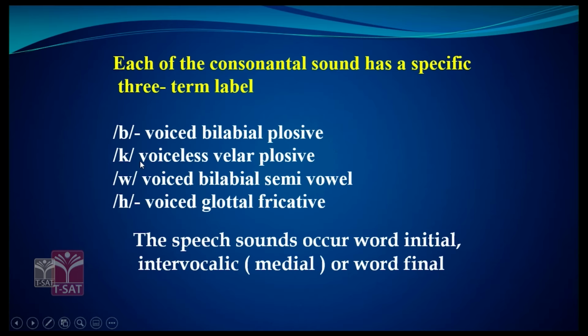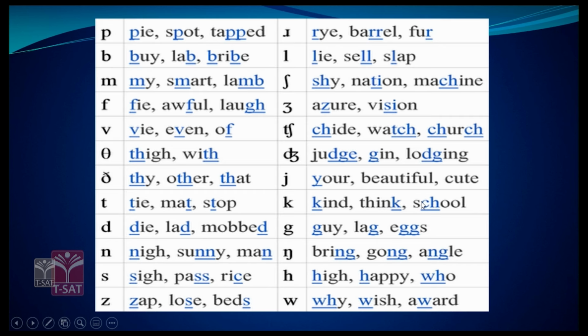B is voiced, bilabial, plosive, and k is voiceless, velar, plosive, and v is voiced, bilabial, semivowel, and h is voiced, glottal, fricative. So the speech sounds may occur in the word initial position, intervocalic or medial position, or even word final position, right?